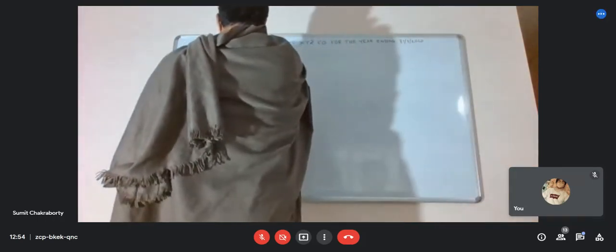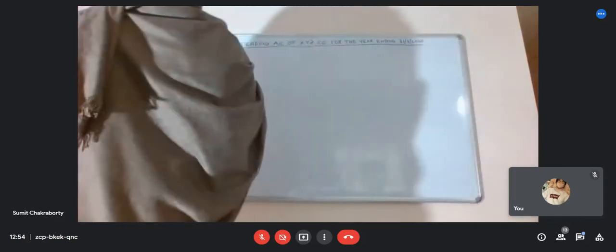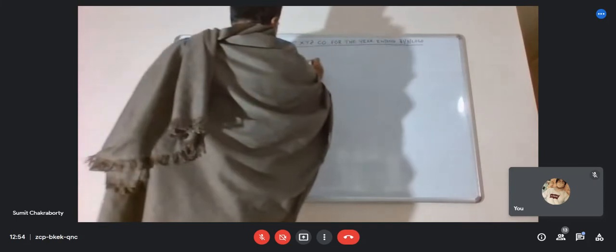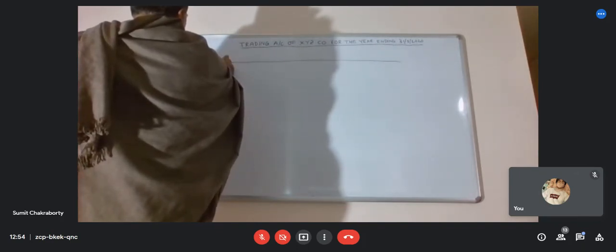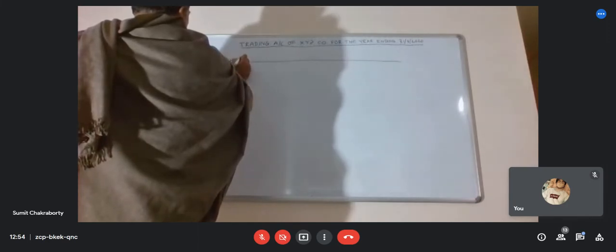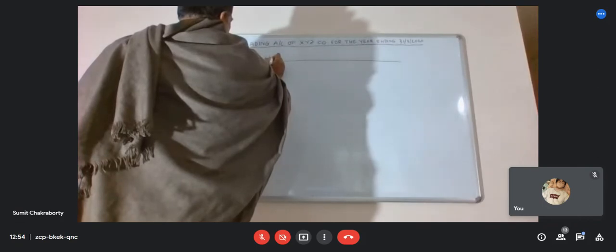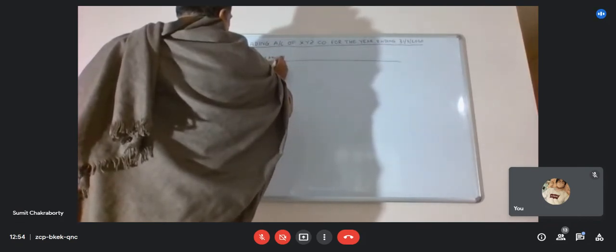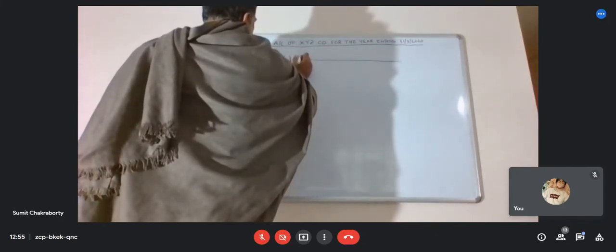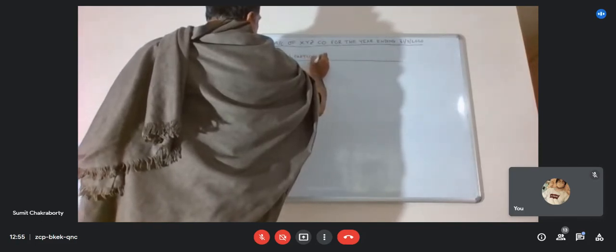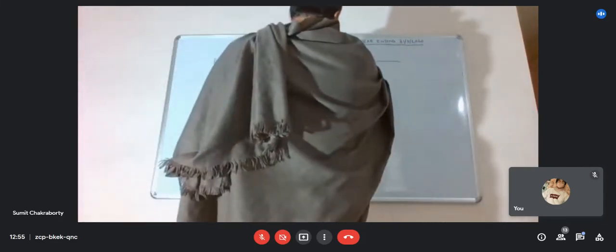This should be the heading. Then particulars, amount, and on the other side particulars, amount in rupees.